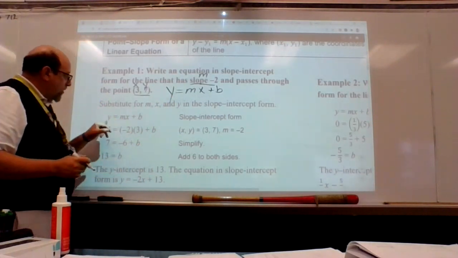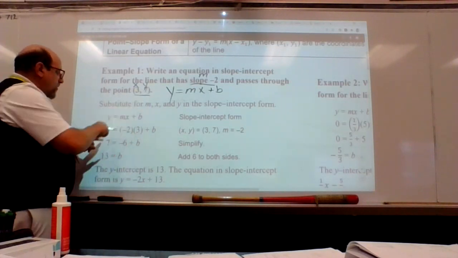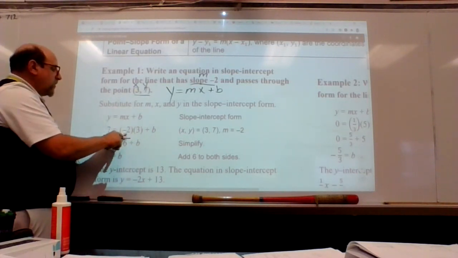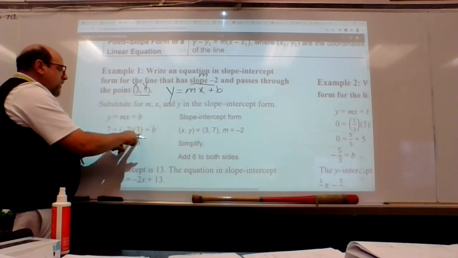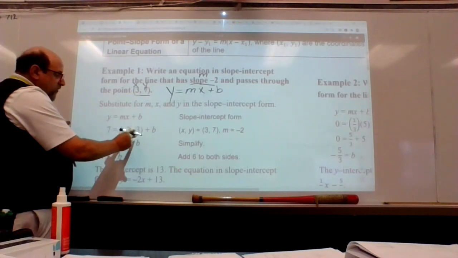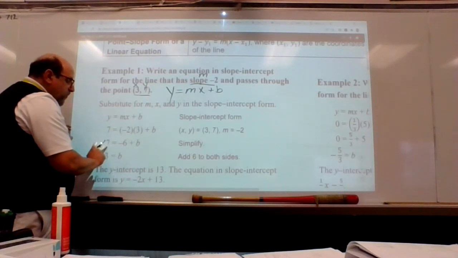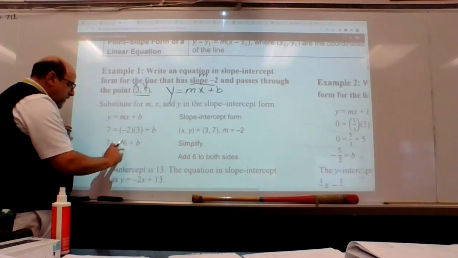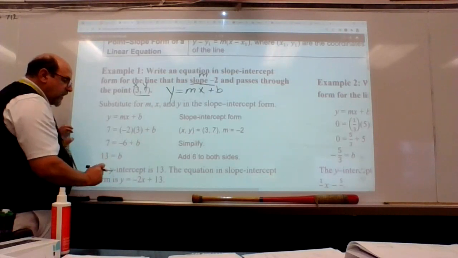So what they do is they write out the whole slope-intercept form. They input 7 where the y is. -2 is the slope, so that goes where the m is. x is 3, plus b. They do some math, and so -2 times 3 is -6, equals 7 plus b over there, and then they add 6 to both sides, and b equals 13.